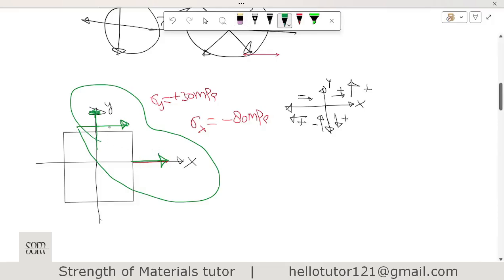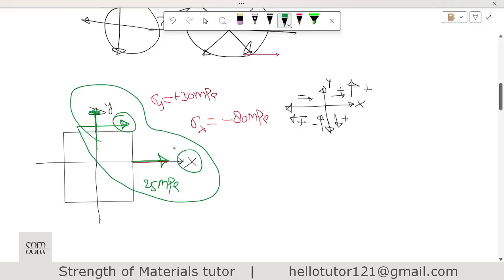Now this horizontal complementary stress is parallel to the horizontal, so we compare it with the parallel coordinate axis. It is on the same side, so it is positive. So if here it was, for example, 25 megapascal like this, because it is on the same side, you can just compare any one of these.